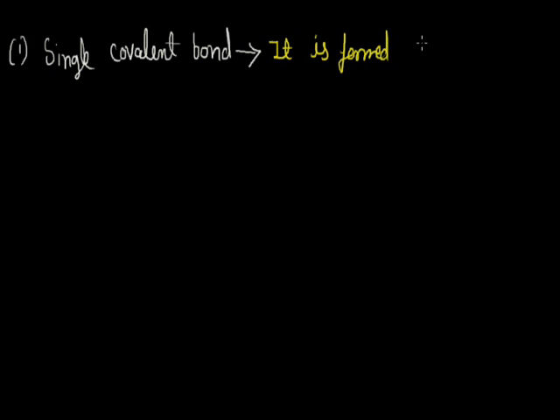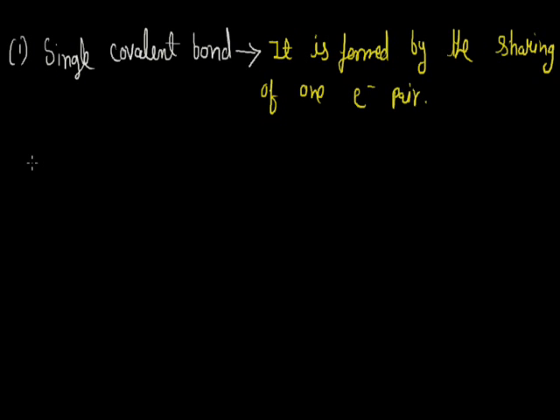The first one is the single covalent bond. It is formed by the sharing of one electron pair, that is one bond pair.